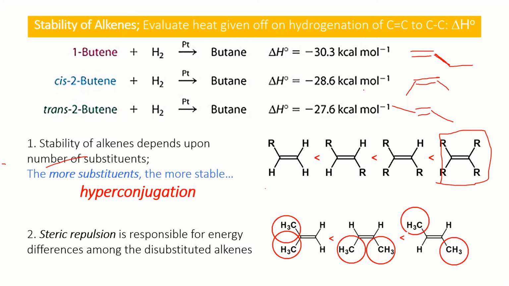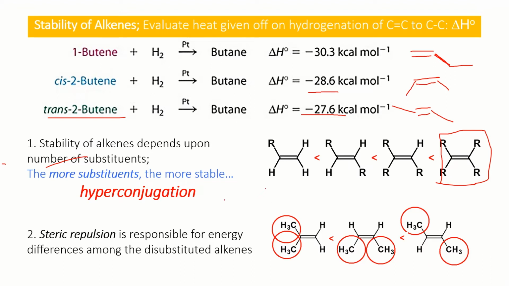We also note that the energy given off by the trans alkene is less than that of the cis, meaning that the trans-2-butene is more stable than the cis.